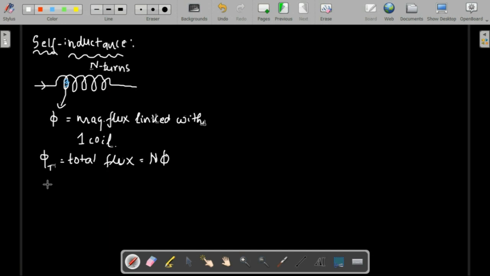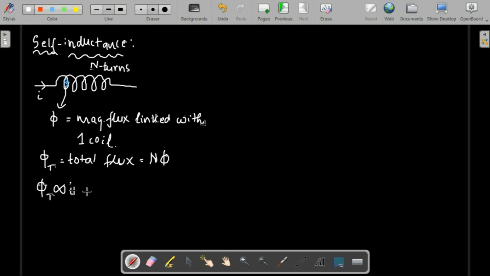At the same time, it was experimentally observed that this total flux that we are talking about is directly proportional to the current. That means more the current here, more would be the flux. That's quite obvious, right? More current, more would be the magnetic field generated, and the stronger the magnetic field, the more lines of force. As a result, there will be more flux.